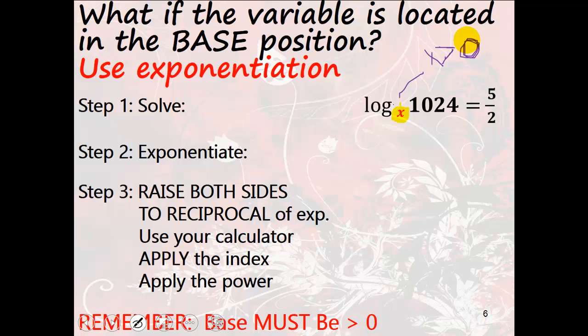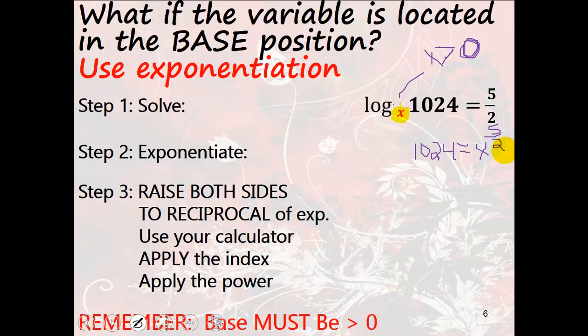So we're going to exponentiate again, and we get 1024, we've seen this problem before, is equal to x to the 5/2 power. Now this looks complicated at first, but think about it. How do I undo something to the 5/2 power? Well, I apply the reciprocal of that power.